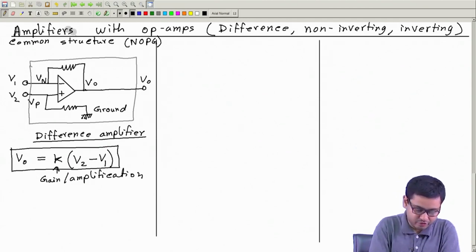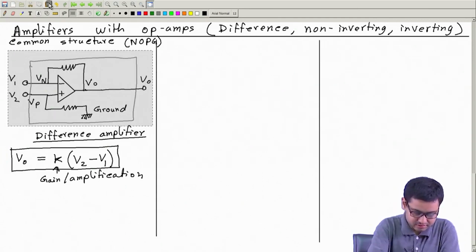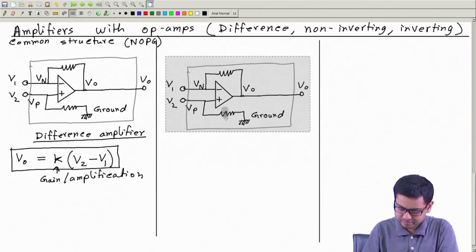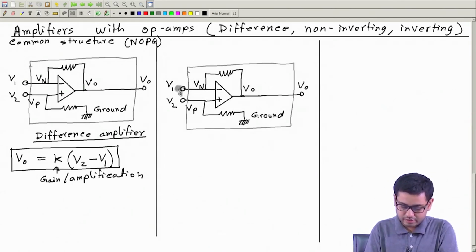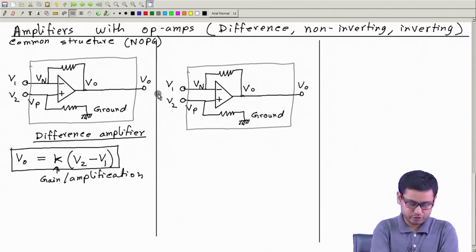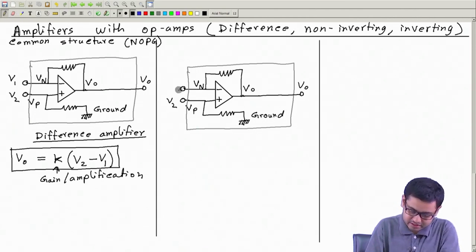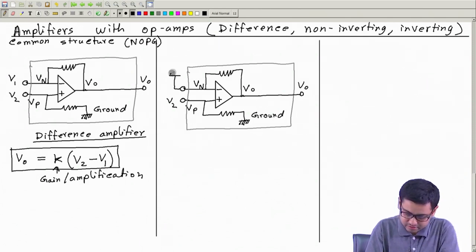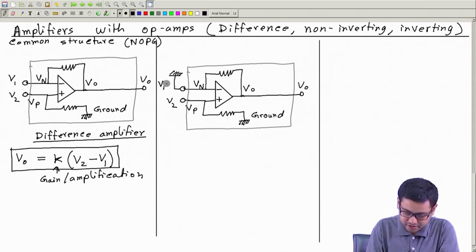Now this is the difference amplifier. Now we will copy this here. Say we connect the V1 terminal to ground, so V1 is equal to 0.